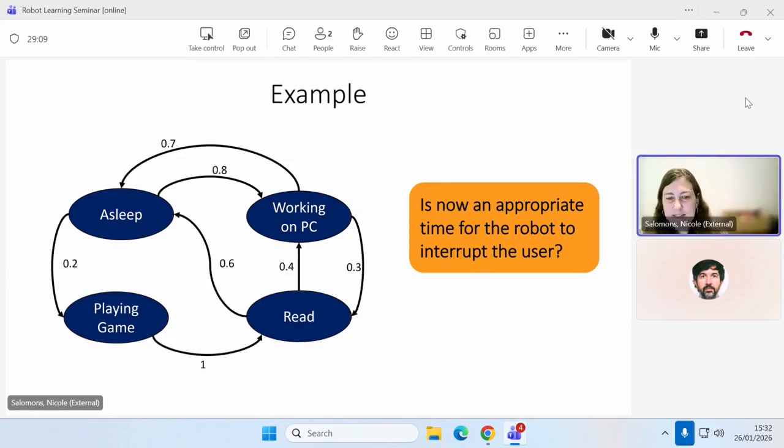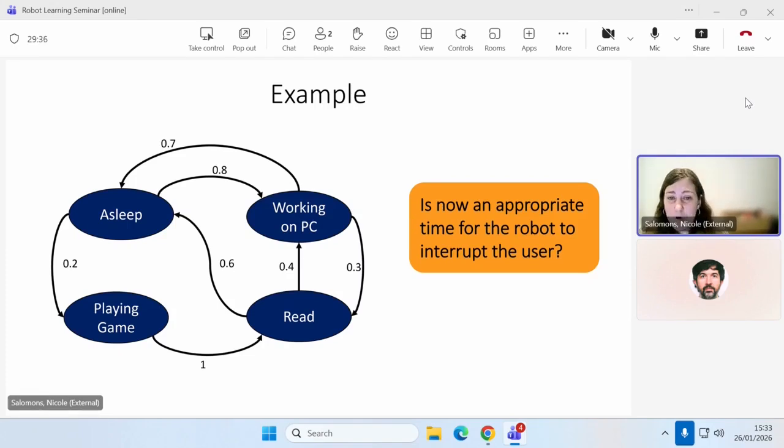After a while of being asleep, they might play a game for a while, and then they might read for a little bit, and then they'll work throughout the day, and at the end of the workday, they might read for a bit again before going back to sleep. So, of course, this is very simplistic, and real life people are not this simple, but in this world, how can we decide when is an appropriate time for the robot to step in and interrupt the user?